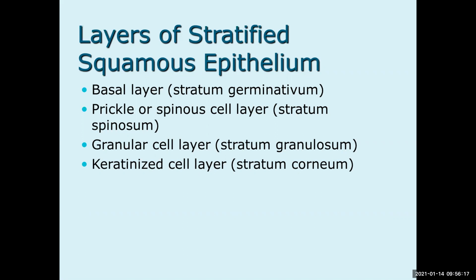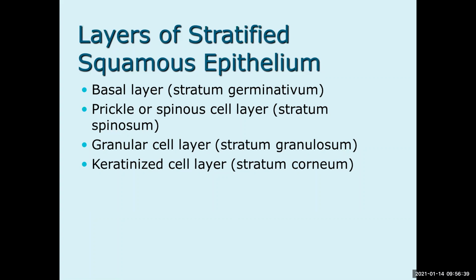Then you've got your stratum spinosum, which is your prickle or spinous cell layer. Then you've got your granular cell layer. So we're going from the base where the germ is to the surface. Granular is easy because it's got the granulosum in it.